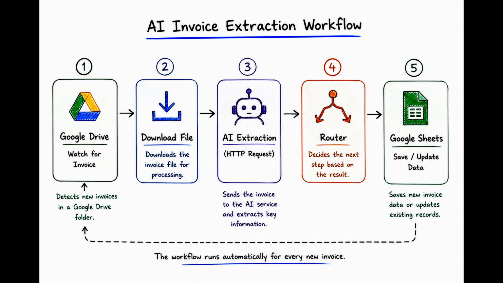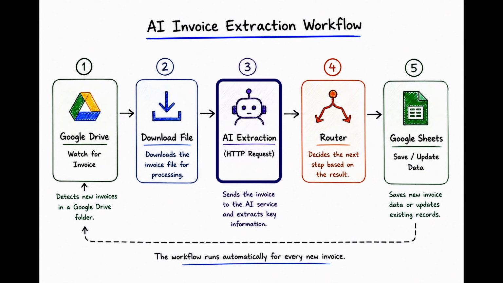Before we dive into the details, let's quickly understand how this automation works. This workflow contains 5 main modules. Module 1, Google Drive. Watch a folder for new invoices. Module 2, Download File. Downloads the invoice for processing. Module 3, AI Extraction.